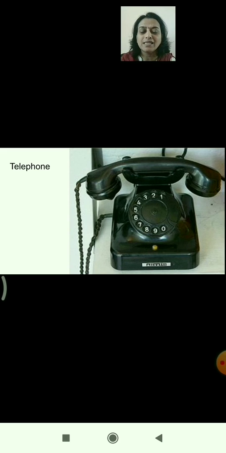As technology developed, our means of communicating also developed. We saw the progress from pigeon to writing letters, and after letters it went on to the telephone. So you could just call and drop the message. That was again an important development.